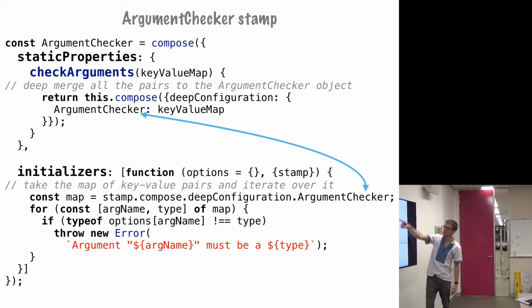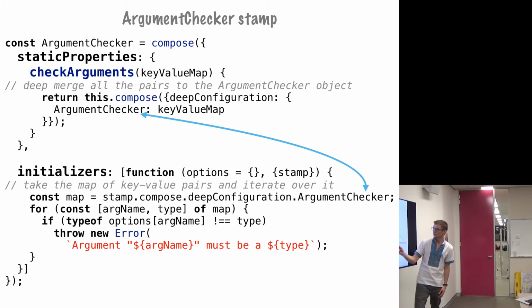So this is how I collected my metadata called deep configuration. I put it over here. You still remember, right, that all the metadata is available from the compose object, which also happens to be a function. So I receive the stamp in the initializer. This is our API in our specification.